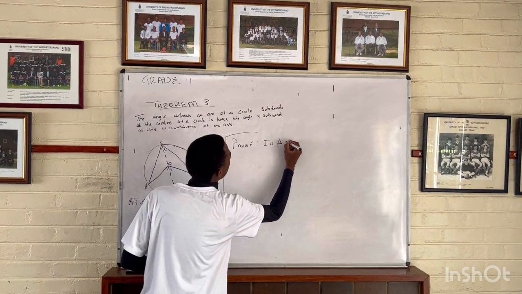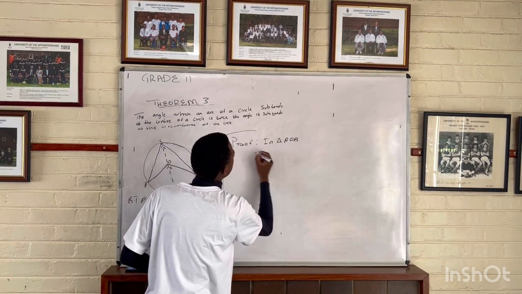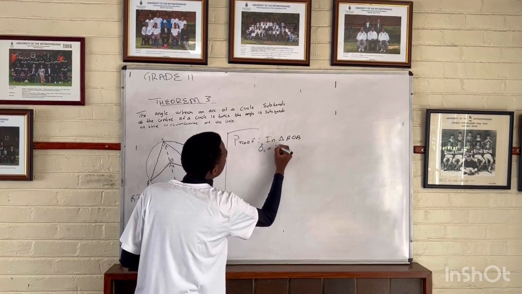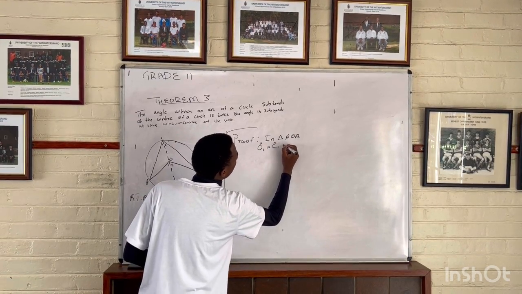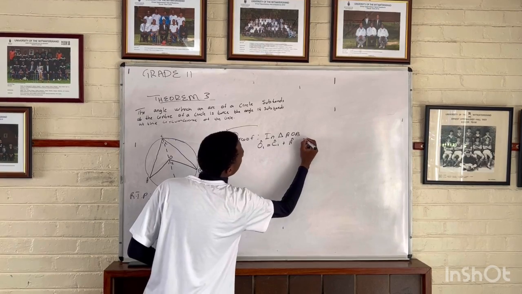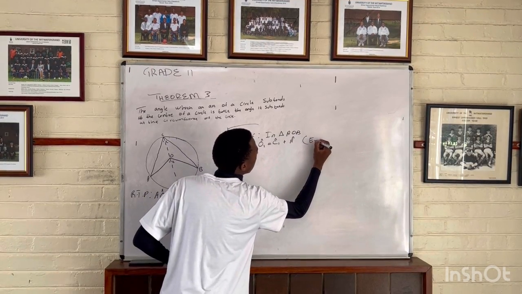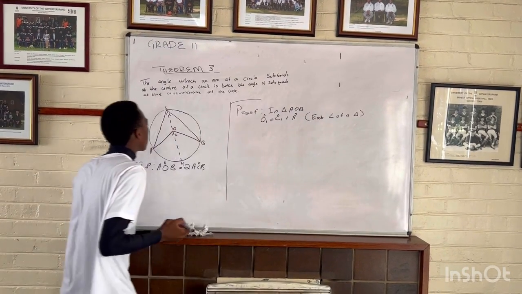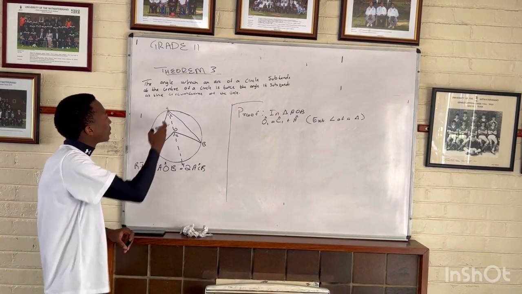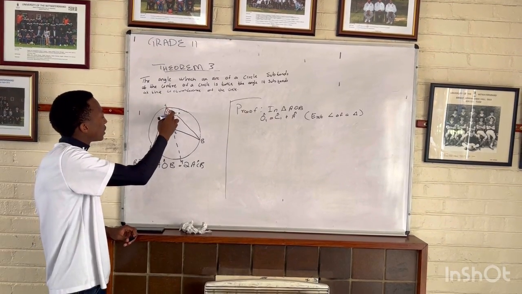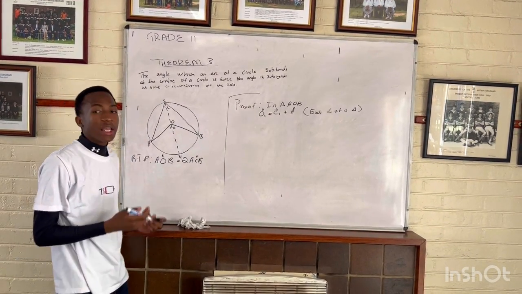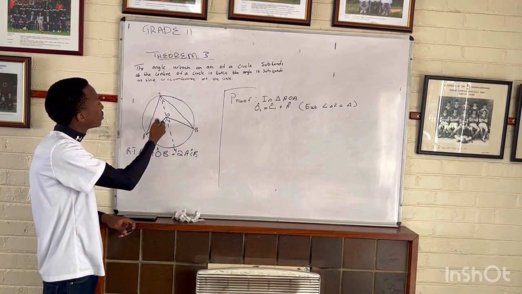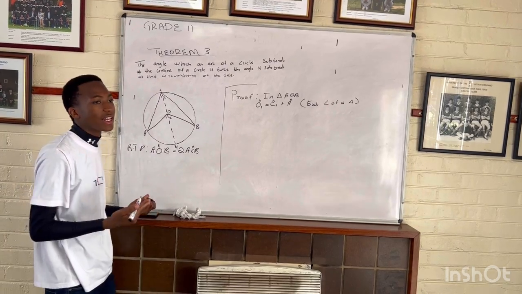In triangle AOB, angle O1 is equal to C1 plus angle A, reason being exterior angle of a triangle. But C1 is equal to A, reason being angles opposite equal sides. The sides that are equal are AO and CO, because they are radii.